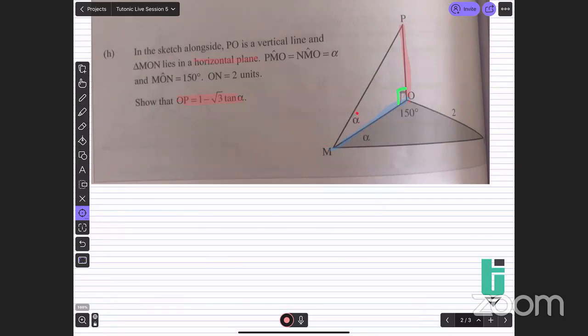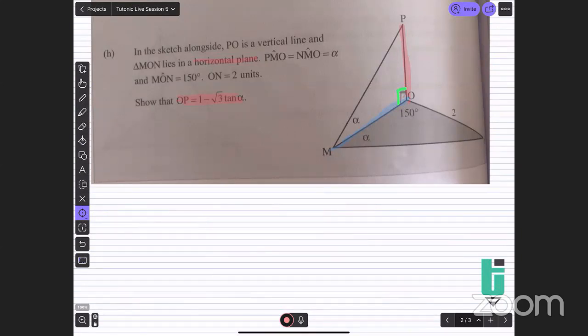So you want OP, right? But are you going to use PM or OM as your other side? OM. Why OM and not PM? It's OM because it's the common side between the two triangles.